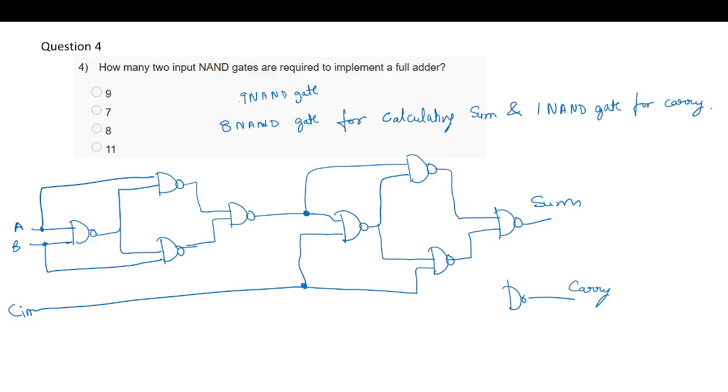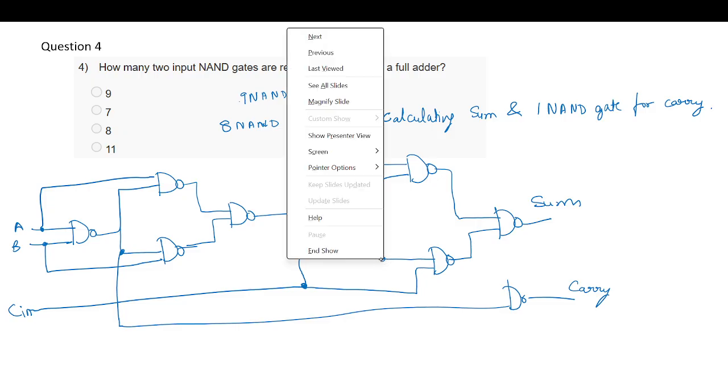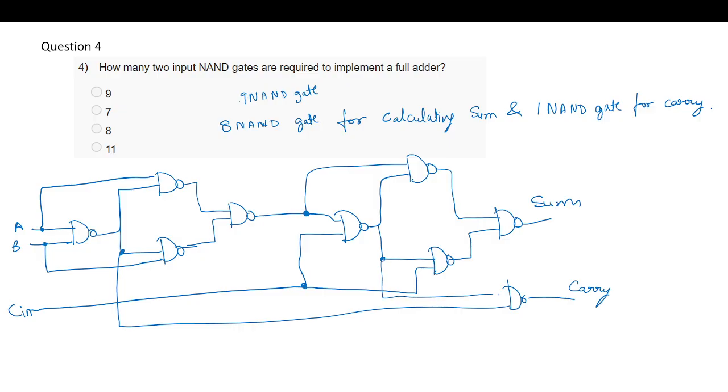Next, to generate carry. So we have 9 gates: 4 plus 4 for sum and 1 gate for carry. Yes, the middle one.